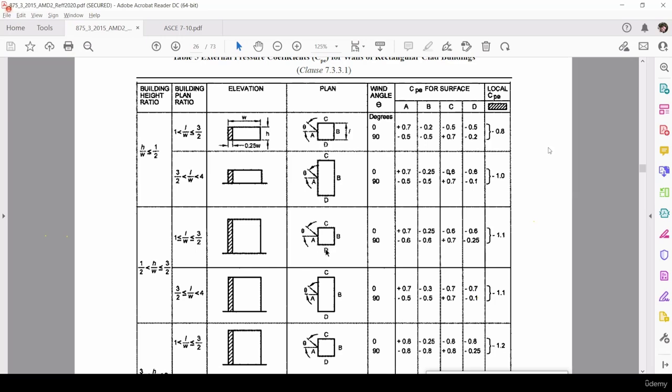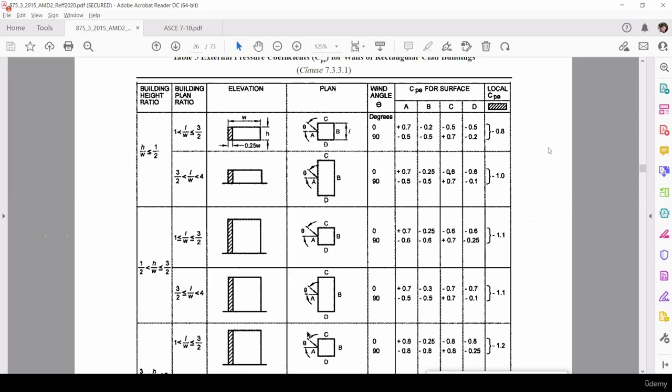The frame direction you can always take as width in this case. Don't confuse. Suppose if the frame direction is like this, you can say A and B here. Any other thing? No, sir. Thank you. Fine.